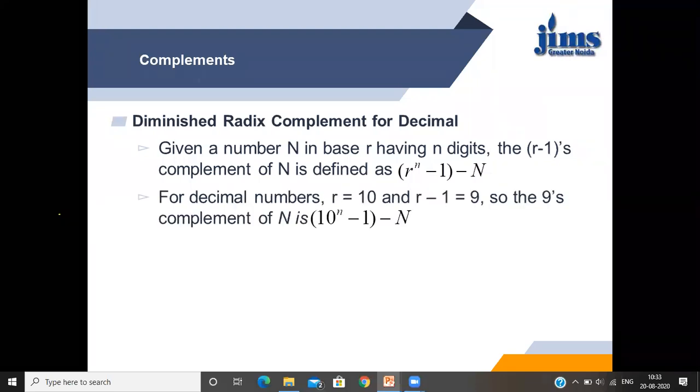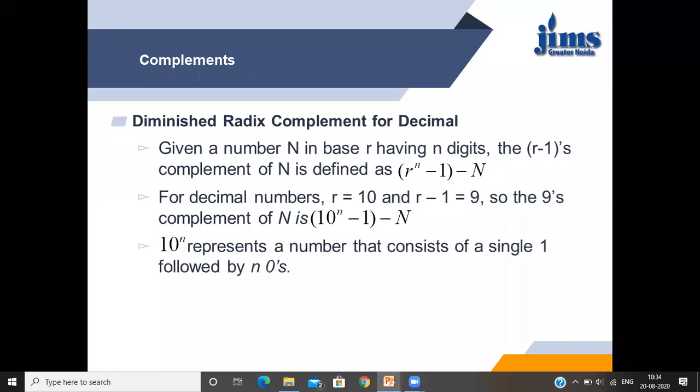Now for a decimal number, r is 10, r minus 1 is 9. So the 9's complement of N is given by 10 to the power n minus 1 minus N. We can say that 10 to the power n represents a constant number that consists of a single 1 followed by n zeros. Suppose n is 2.